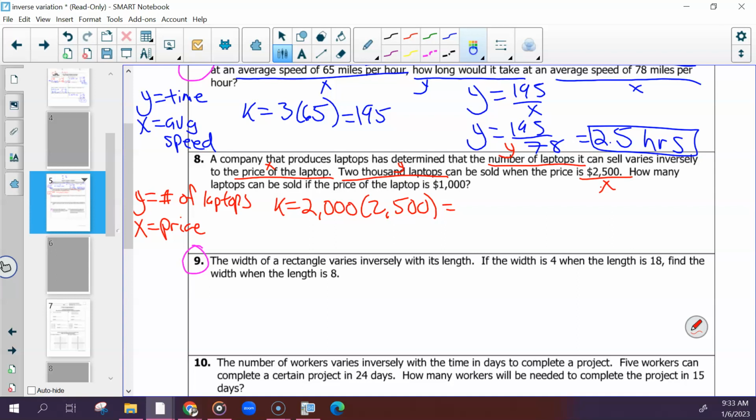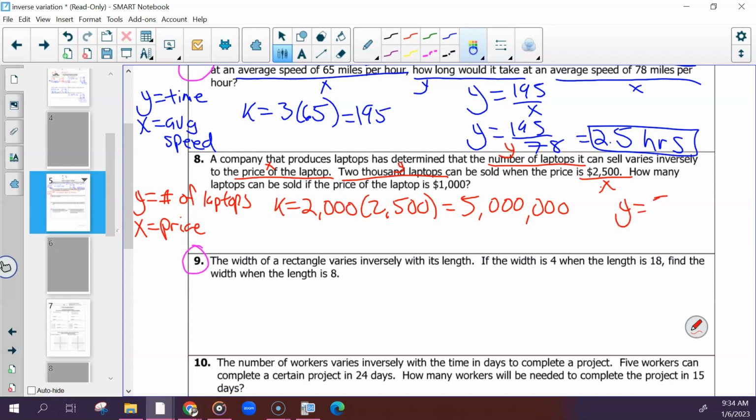What would that be? So that would be our k value.